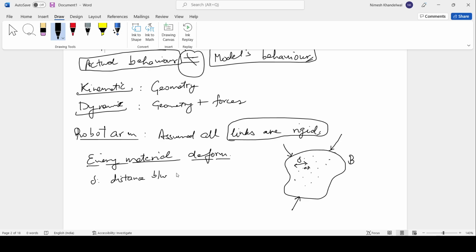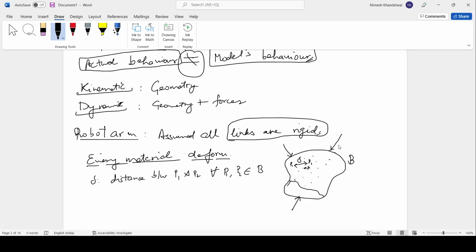Distance between, let us say, P1 and P2, for all P1, P2 in B. So it's not like for one section this is true and for some other section it is not.